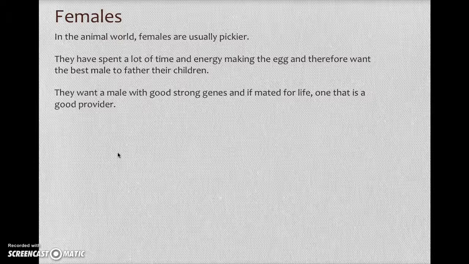They want a male with good, strong genes, and if mated for life, one that is a good provider. In the human population, we are looking for good providers, and this happens in the animal kingdom as well. Looking for another mate that will provide well for the family as a whole.